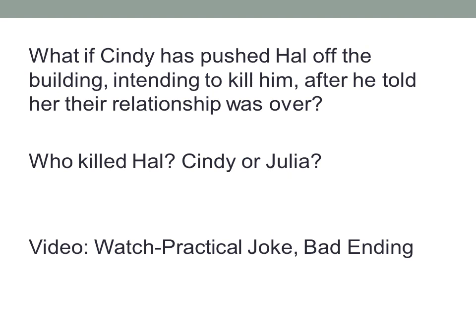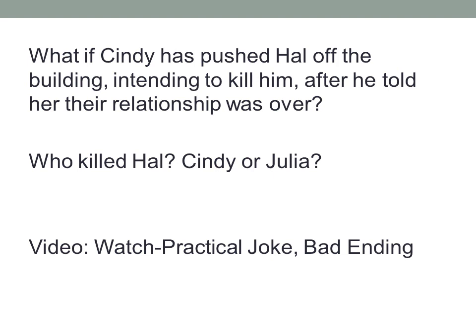What if Cindy pushed Hal off the building, intending to kill him after he told her their relationship was over? And then all of the same other facts happen. Julia meant to shoot at Chet and missed. Who killed Hal? Was it Cindy or was it Julia? Could Cindy be charged with murder?